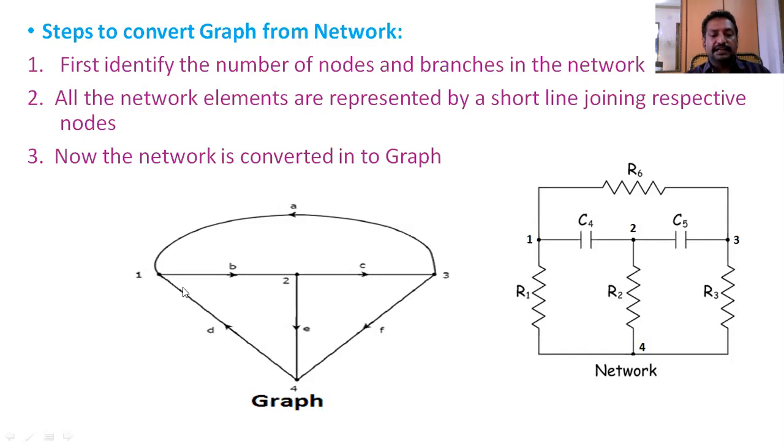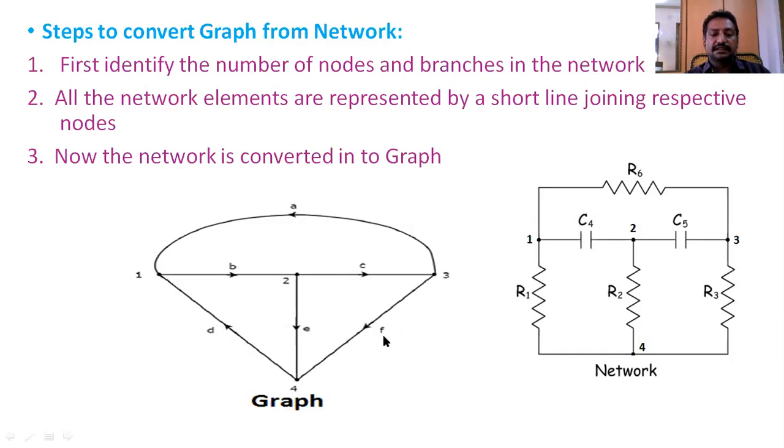We replace it by connecting node 1 and node 4 with a straight line. In between 2 and 4, the resistor R2 is there. Replacing the resistor, we draw one thick line, represented as branch E. Then in between 3 and 4, another resistor, R3, is there. We draw a thick line.